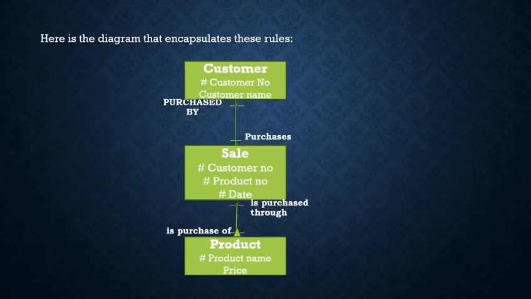Here is the diagram that encapsulates these rules. First, the customer table with customer number and customer name. Second, the sale table with customer number, product number and date. Third, the product table with product name and price, linked by the relationship is purchase of.